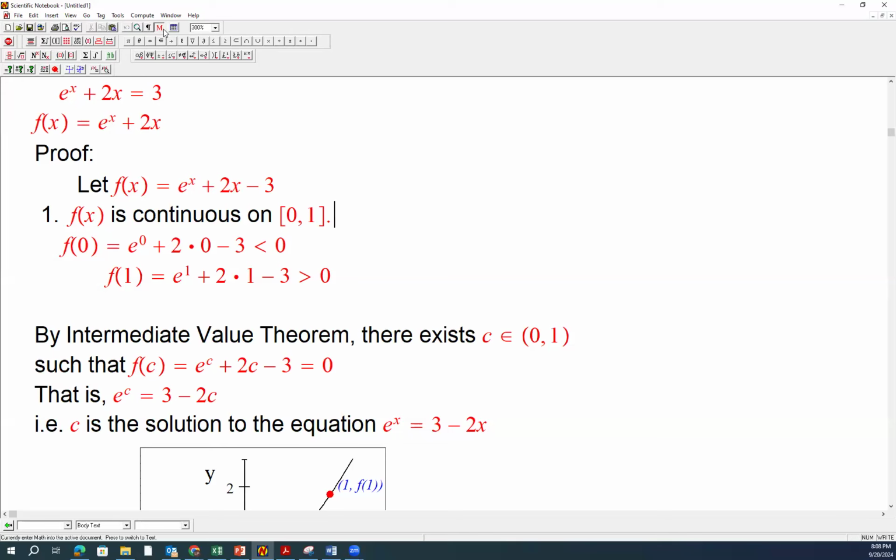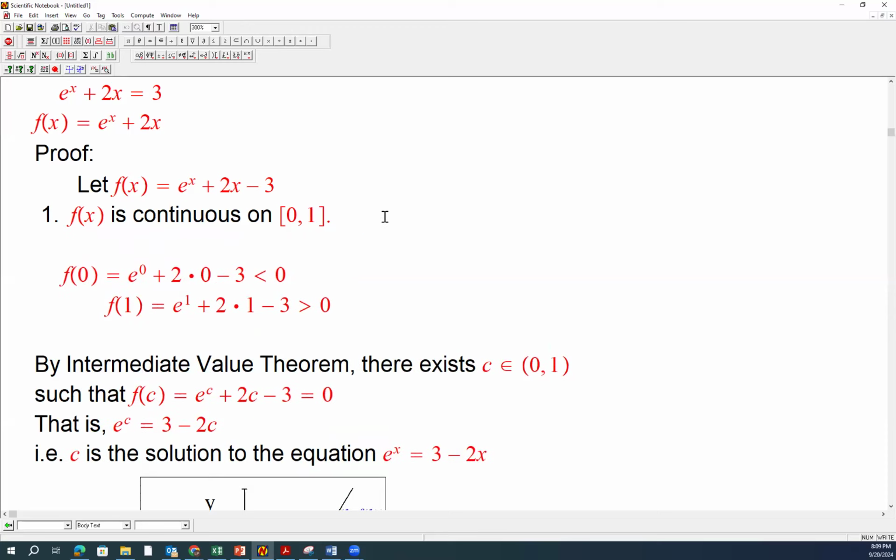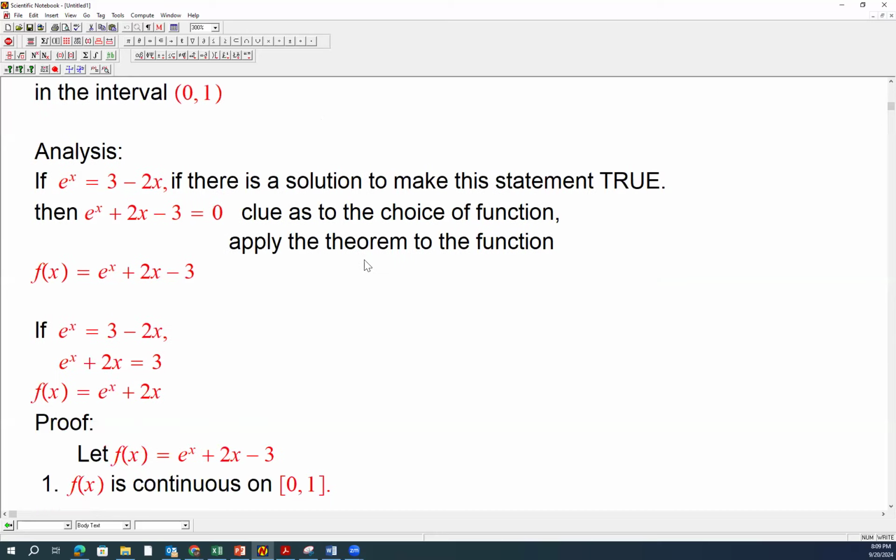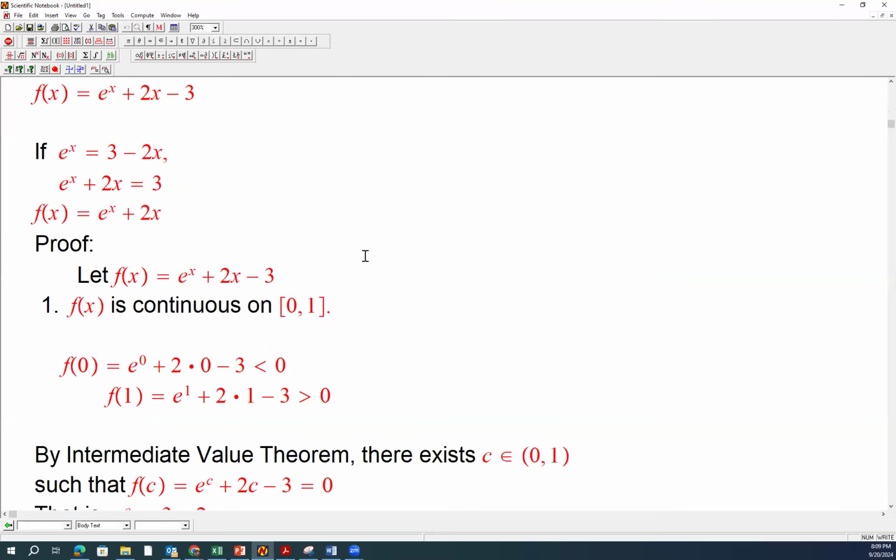Okay, you can say, oh, the function is continuous on the entire number line. That's true, but you still have to mention that the function is continuous on the closed interval. The reason is that it is required by the theorem. The theorem requires us to make sure the function is continuous on the closed interval 0, 1.